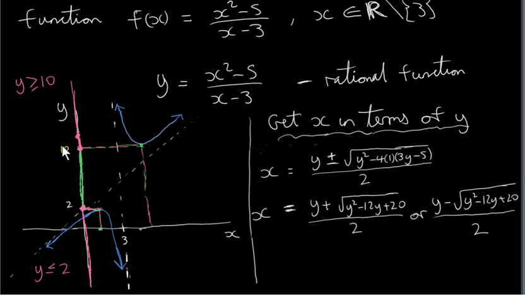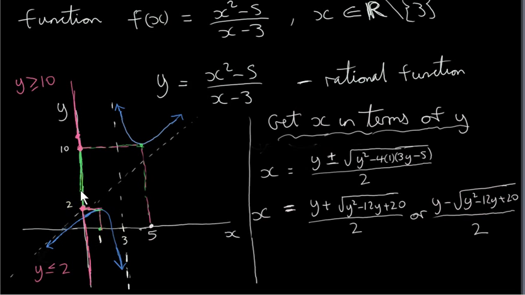If we plug 10 in for y and calculate all of this here, we get x equals 5, this value. This other expression for x corresponds to this section of the curve. If you plug y equals 2 into this, you will get x equals 1.